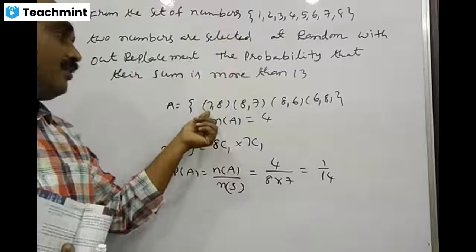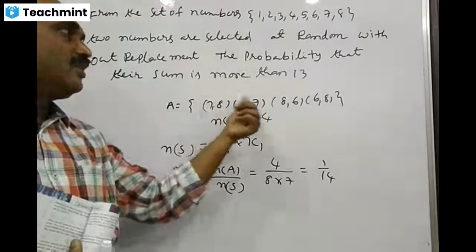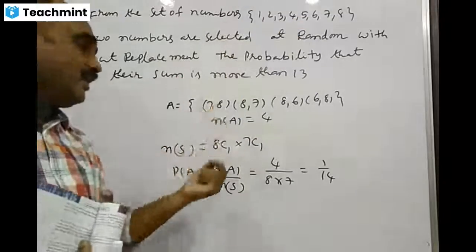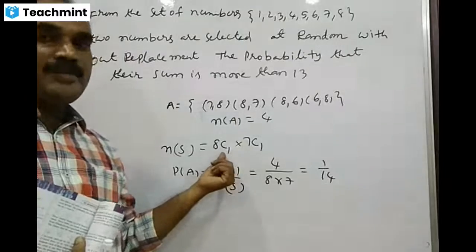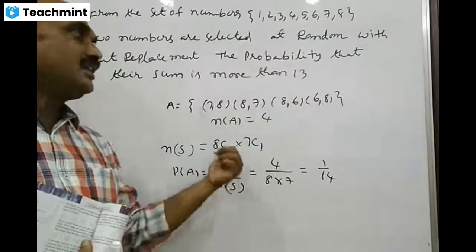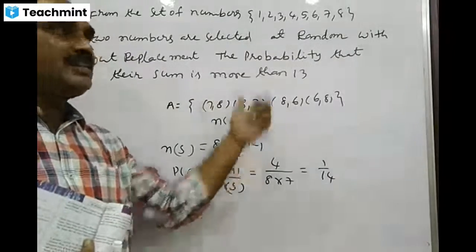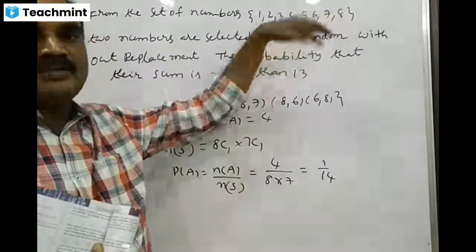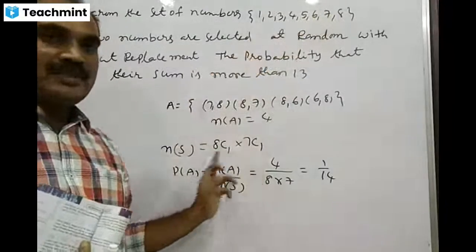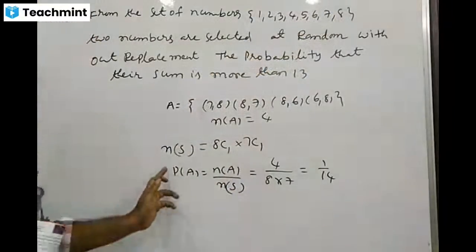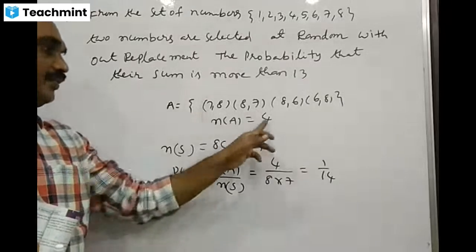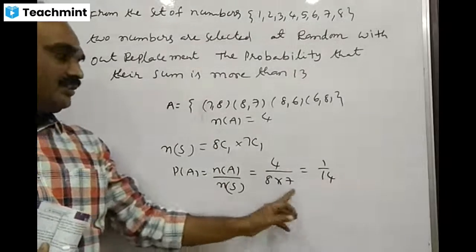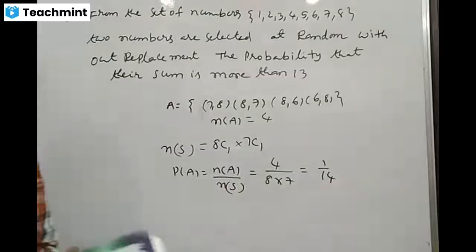First select one number out of 8 numbers, 8C1 ways. Remaining numbers are 7. Select second number out of 7 numbers, 7C1. This is n of S. So P of A is equal to n of A by n of S, n of A is 4, n of S is 8 into 7, so 1 by 14.